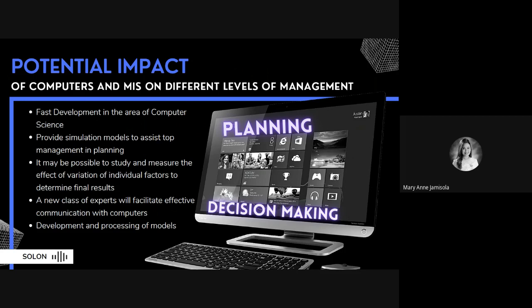Also, the availability of a new class of experts will facilitate effective communication with computers. Such experts may also play a useful role in the development and processing of models. In summary, the potential impact of computers would be more in the area of planning and decision making.